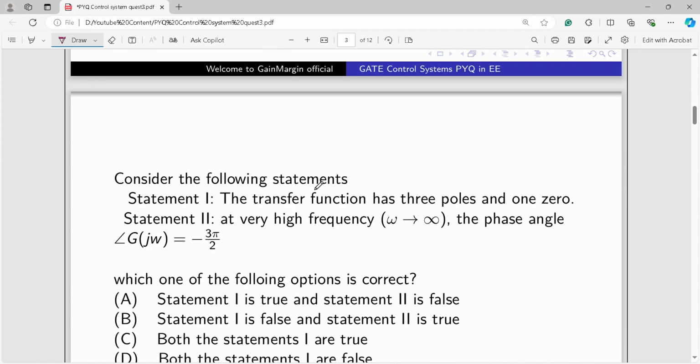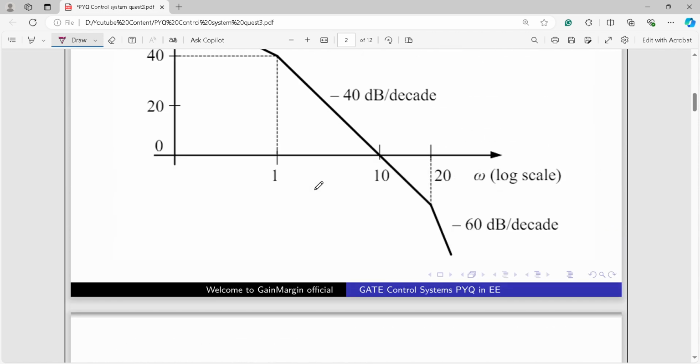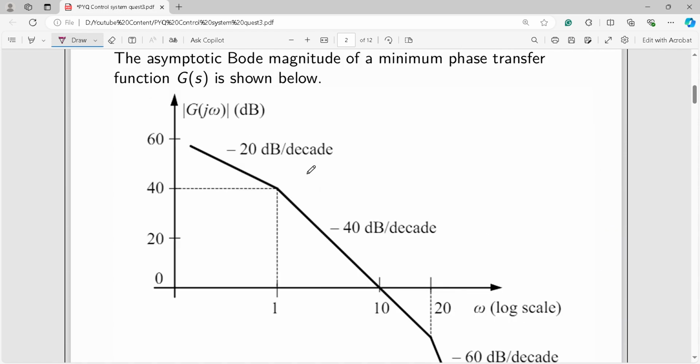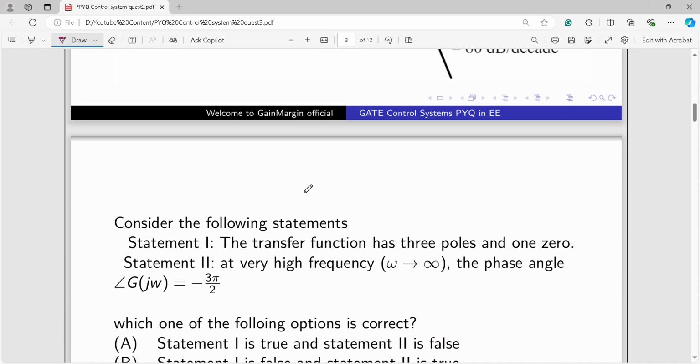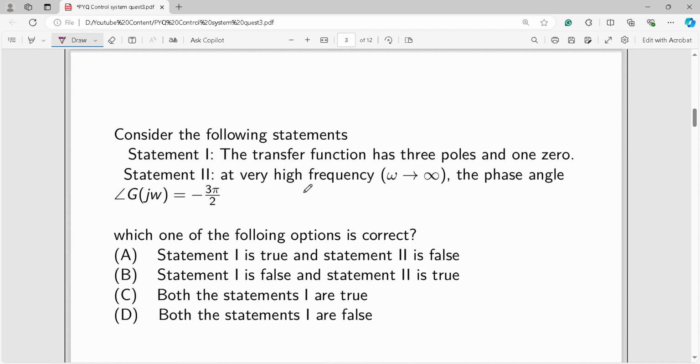And statement 2: at a very high frequency, when omega approaches infinity, what is the phase contribution by the system, and the system magnitude plot they have given here. So for this type of question, out of these statements, which is true and which is false, we need to solve like that.